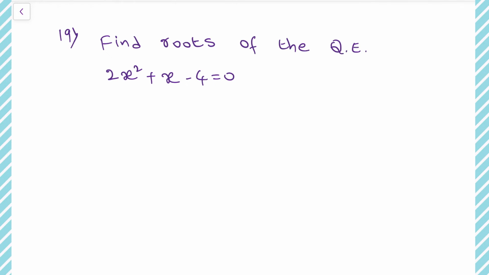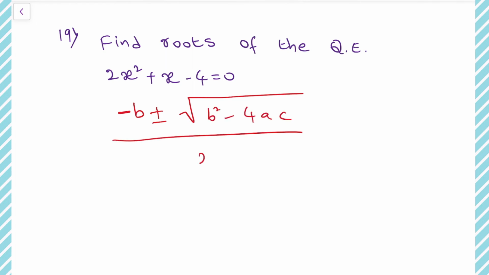The formula to find the roots of a quadratic equation is minus b plus or minus under root b square minus 4ac, whole divided by 2a. Here before x square, 2 is there, so that 2 is considered as a. A value is 2. Before x nothing is there, so I am writing it as 1.